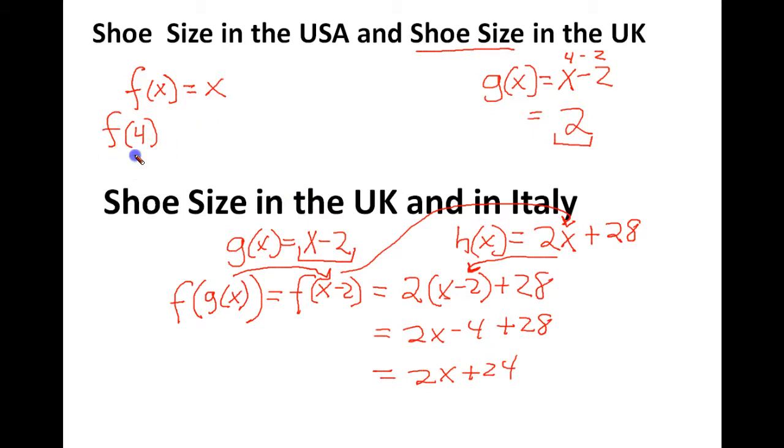Well, our x was 4. 2 times 4 plus 24 is equal to 32. So the shoe size for this same shoe in the United States, which was 4, in England it was 2, in Italy is going to be 32.